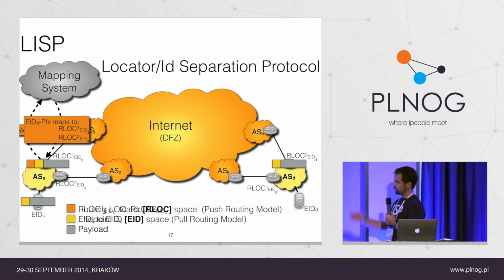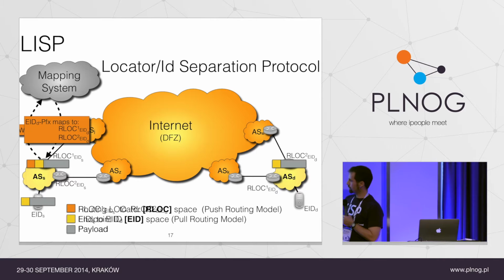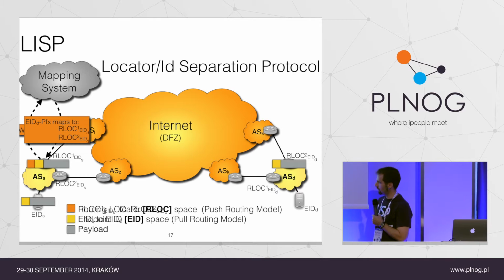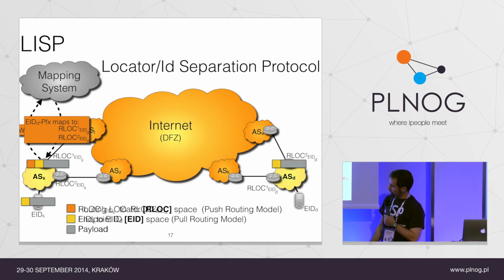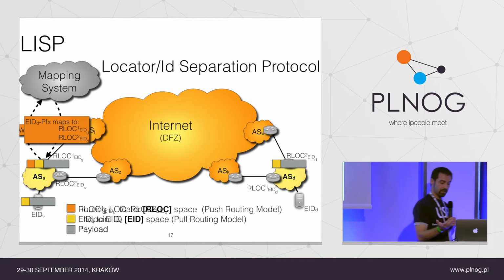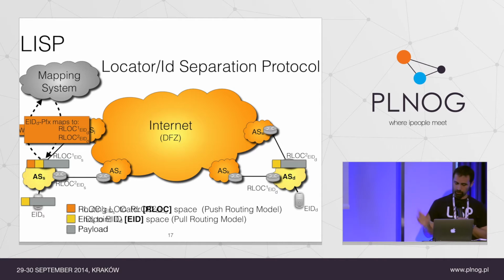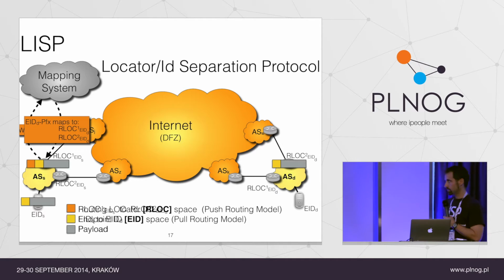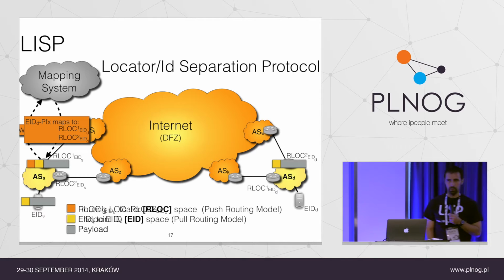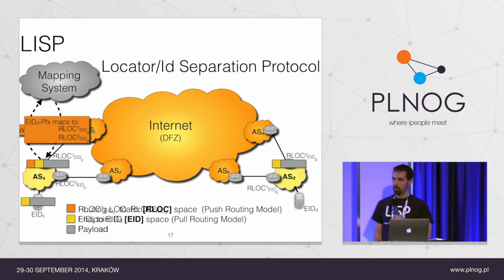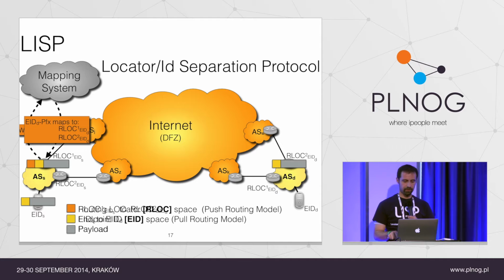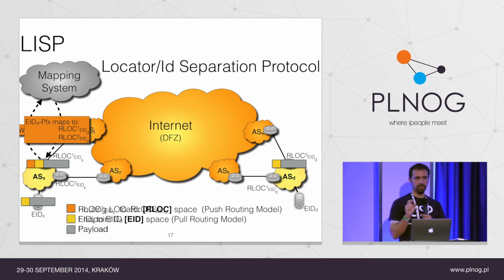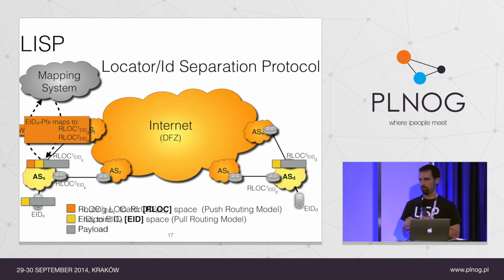The end system, let's call it EID source, EIDS, wants to send a packet to EIDD. It's fetching content from Akamai. We prepare a packet which uses EIDs as the source and destination addresses. We route it inside the local AS, and we reach the border router. Then we ask this oracle, the mapping system, so where is EIDD? Where is my destination? And the mapping system will reply with a very simple but very, very powerful piece of information.